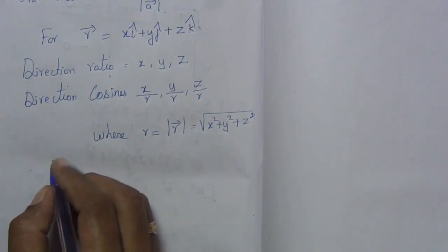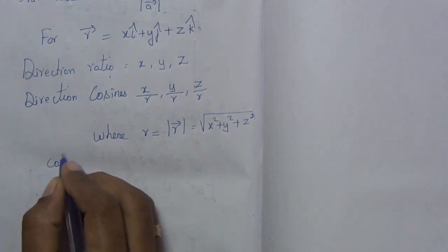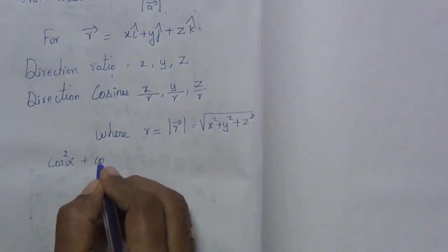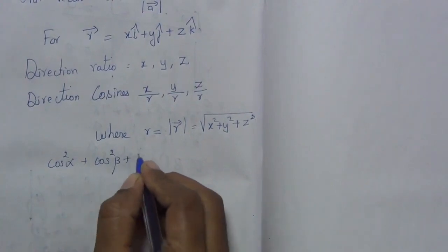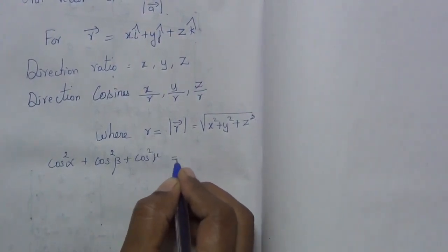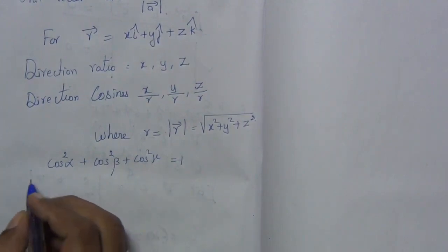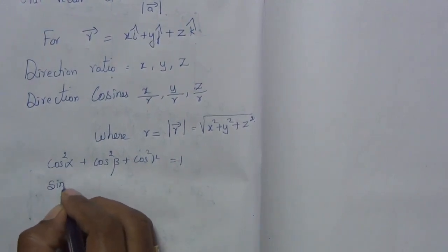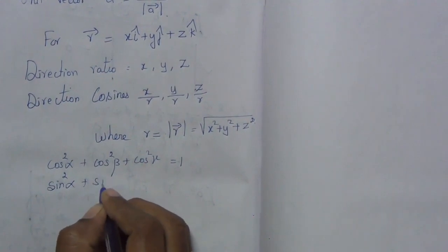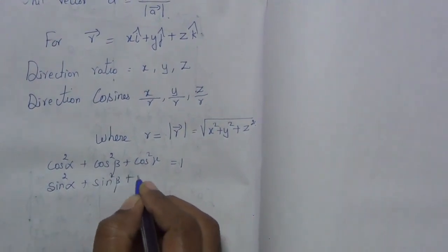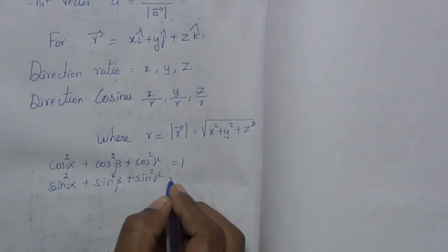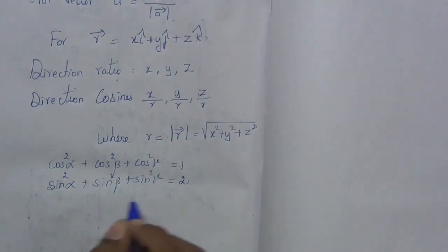the sum of the squares of the cosines is 1, that is cos square alpha plus cos square beta plus cos square gamma equal to 1. And for sine, the value will be equal to 2, that is sine square alpha plus sine square beta plus sine square gamma will be equal to 2.